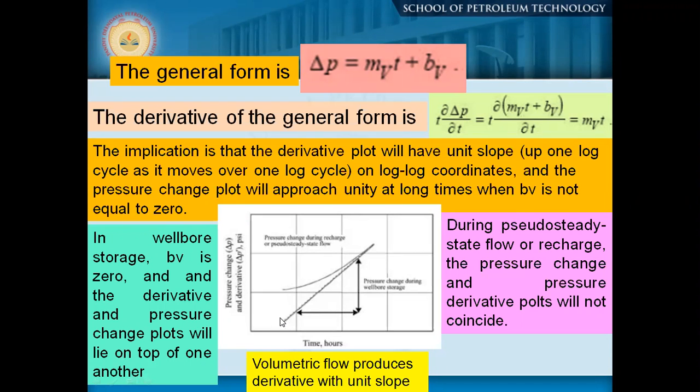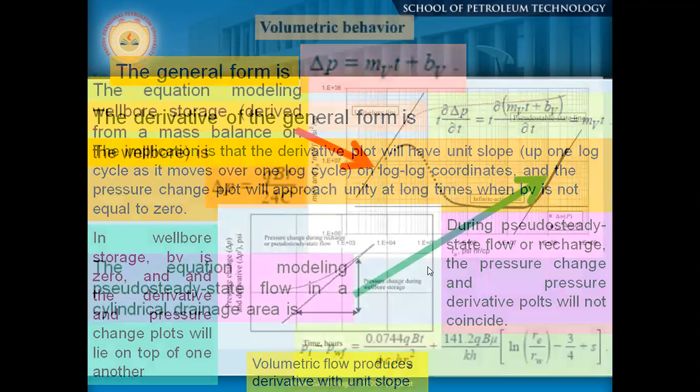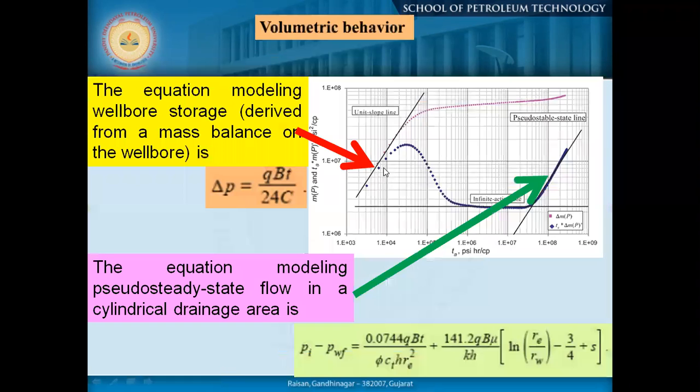So if you see here in this particular wellbore storage effect, both graphs have the same slope, but during the pseudo steady state flow or recharge, the pressure change and the pressure derivative plot will not coincide. So if I just go back in the graph, you can easily see here it is ascending, but here more or less both have the same slope and they are overlapping one another.